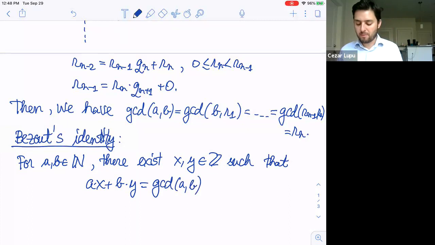So this is a very important identity. Well, of course, if a and b are relatively prime, then the GCD will be 1. So it's really nice. We're going to use this at some point.